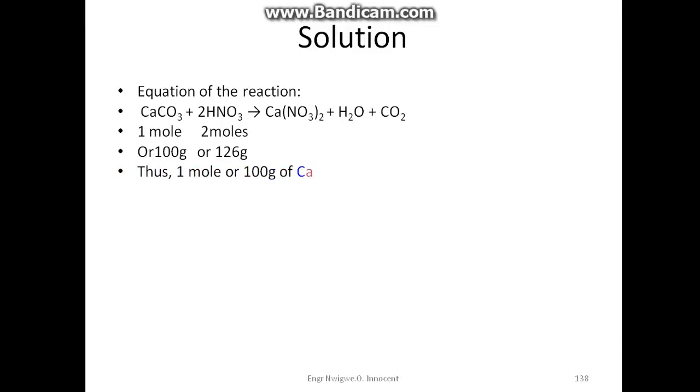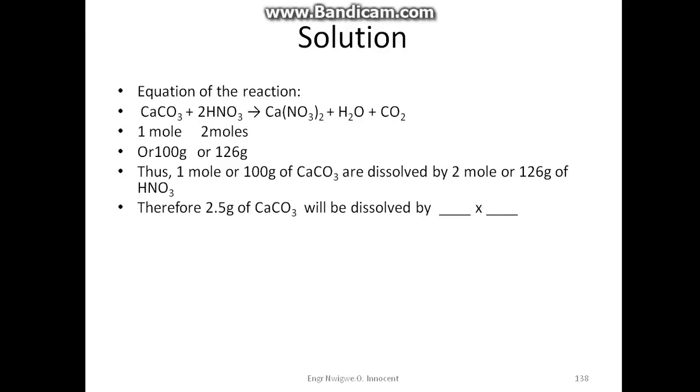Thus, 1 mole or 100 grams of calcium trioxocarbonate is dissolved by 2 moles or 126 grams of trioxonitrate(V) acid. Therefore, 2.5 grams of calcium trioxocarbonate will be dissolved by 126 divided by 1 times 2.5 divided by 100, which gives us 126 times 0.025, which will give us 3.15 grams of pure acid.